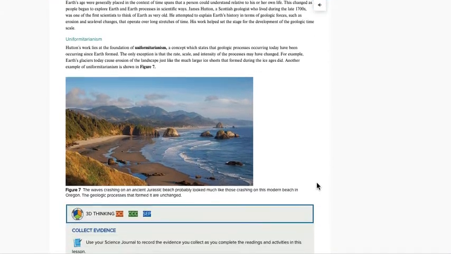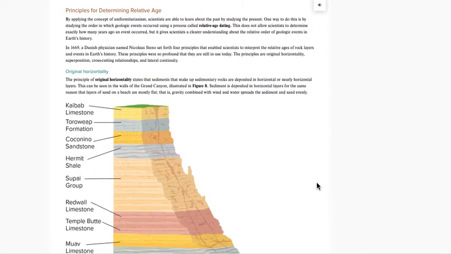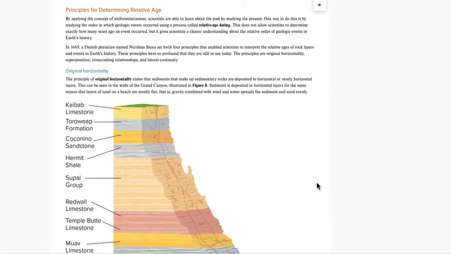So there's several principles that help us geologists determine the age of rocks. This relative age dating is just looking at the age compared to something else. So, when you see somebody my age, whether or not you know my exact age, you know that you're generally probably younger than me.